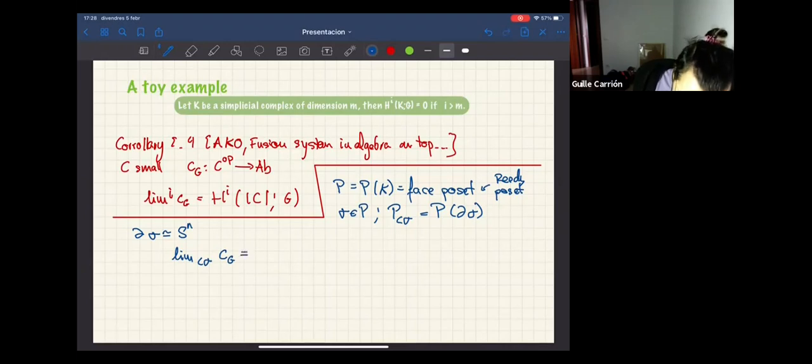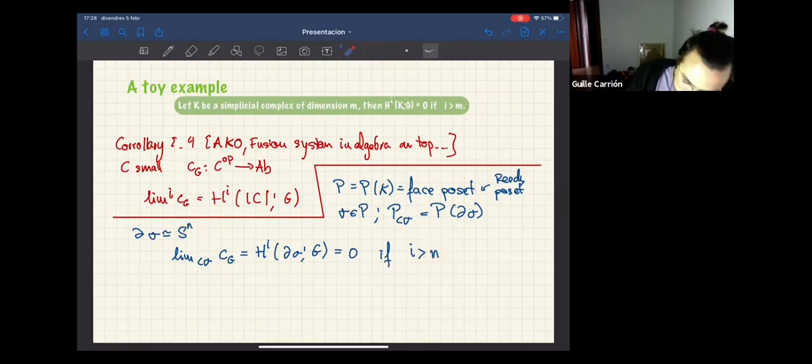This is with coefficients in G, and we know that this is 0 if i is greater than this n, but if we don't want to be more precise, we can put here the dimension of the simplicial complex.